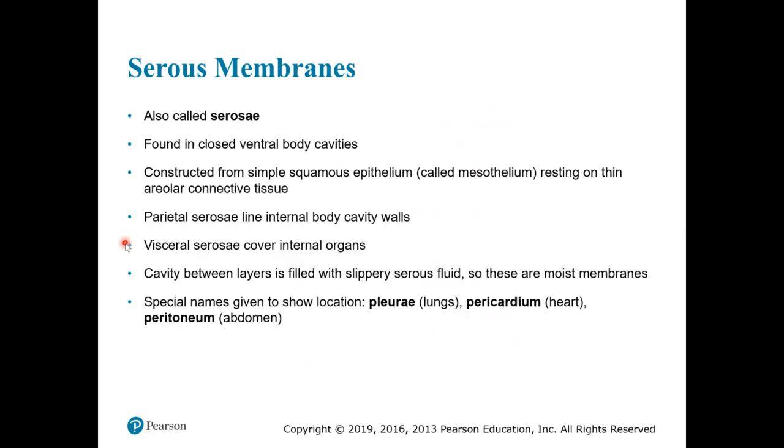Talked about that in reference to the pericardial sacs and the pleural membranes of the lungs, where each one of those had a visceral membrane that was close to the organ, covered the organ itself, and then it had a little space, and then there was a parietal membrane on the outside of it, and in between those layers, that space is filled with a slippery fluid, similar to mucus. I guess if we found it outside, we'd call it mucus.